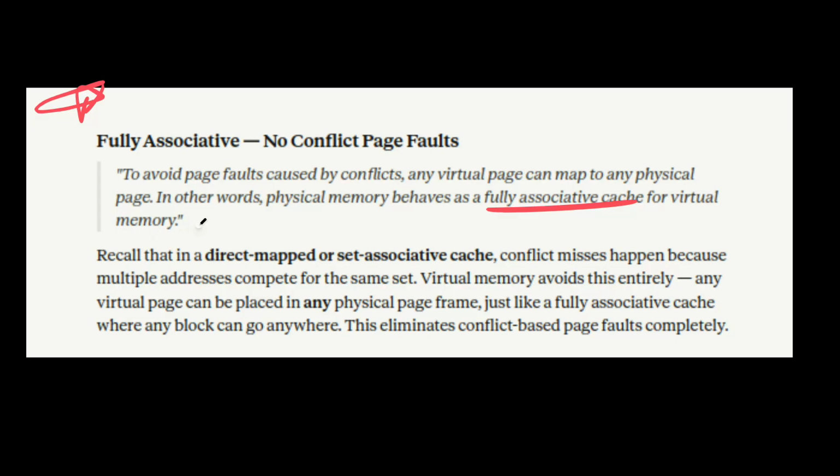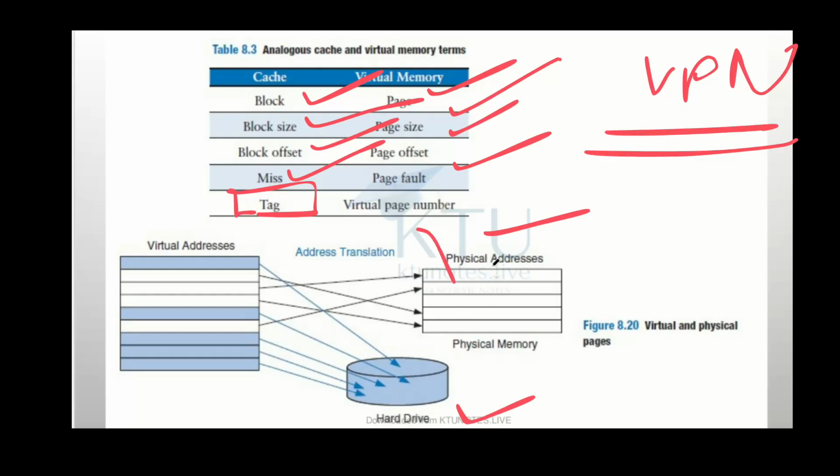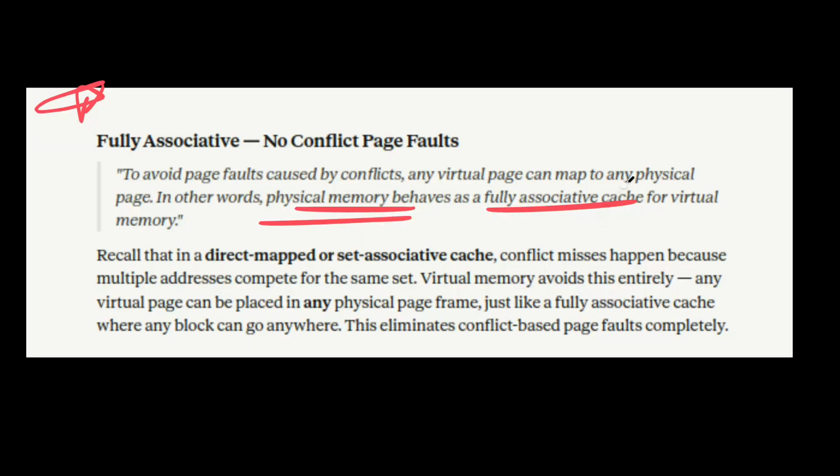Any virtual page that comes can map to any physical page.